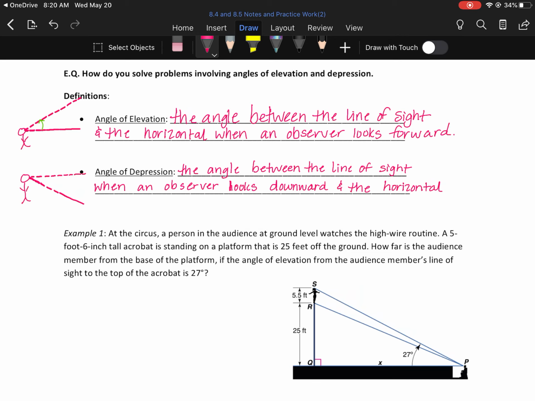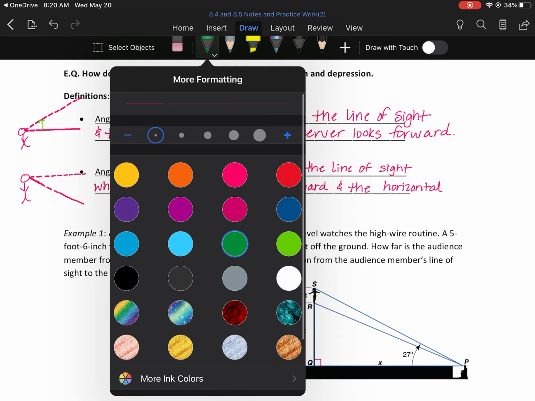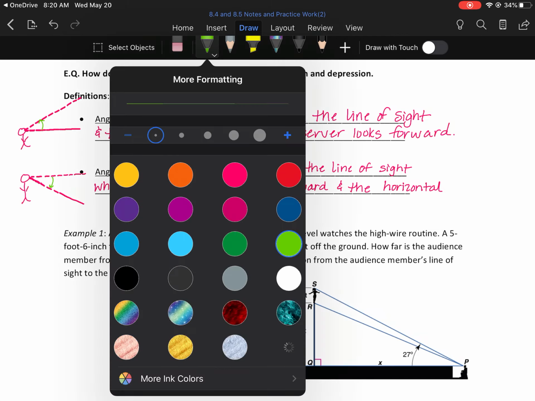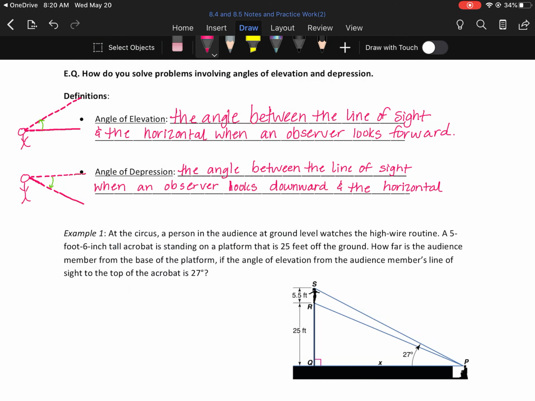So now the angle is from the horizon down. A lot of times with these problems you're going to be asking, where would I be in this diagram, and would I be looking up or looking down? Okay, so let's take a look at example 1.